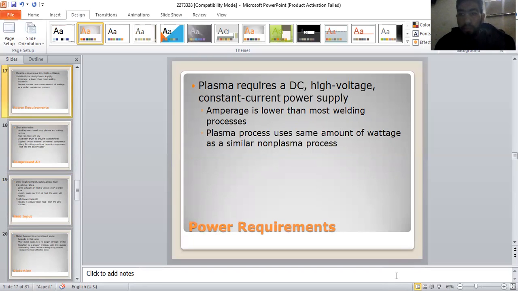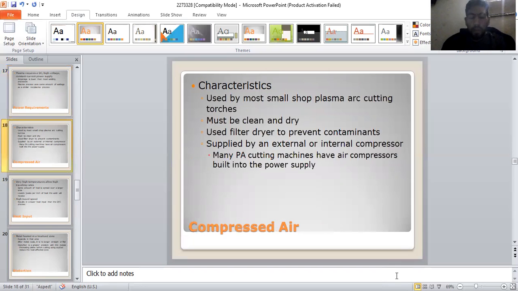If we discuss what plasma is, it needs a uniform potential difference, so we need to provide it continuously. The plasma process uses about the same amount of voltage as a non-plasma process. So the compressed air, in order to produce plasma, has numerous characteristics.